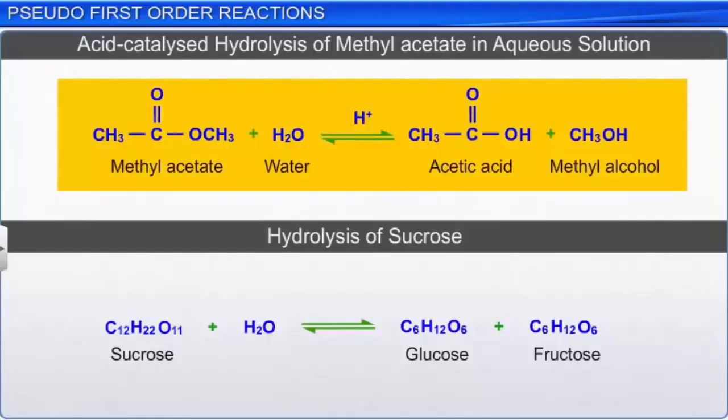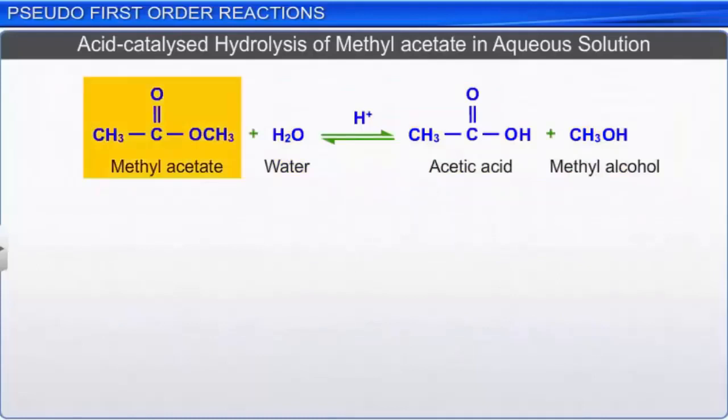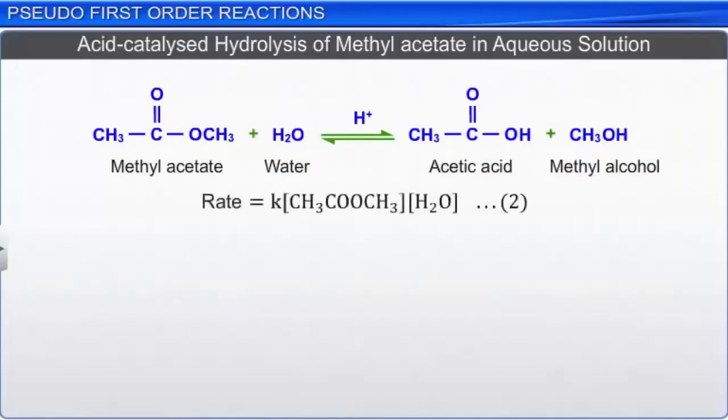Methyl acetate undergoes acidic hydrolysis to form acetic acid and methyl alcohol, as represented by the equation here. The rate equation for this reaction is rate constant k multiplied by concentration of methyl acetate multiplied by concentration of water. Let this be equation 2.